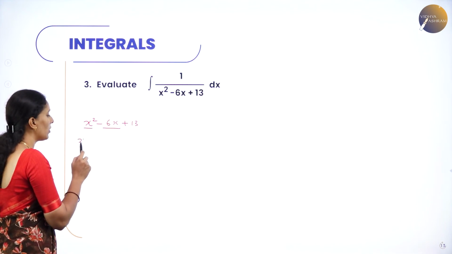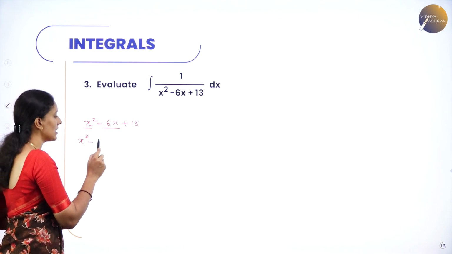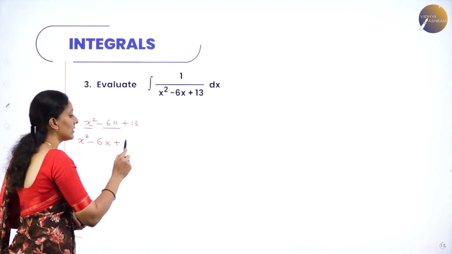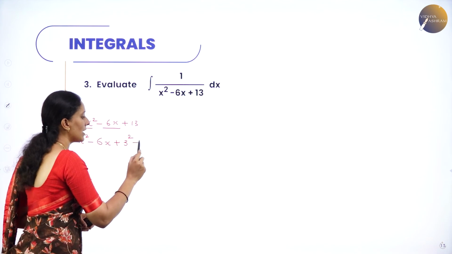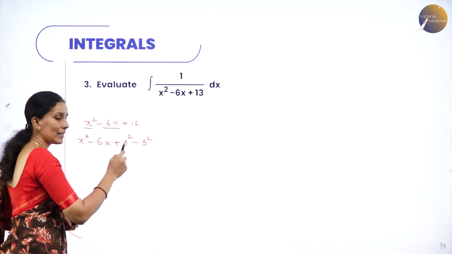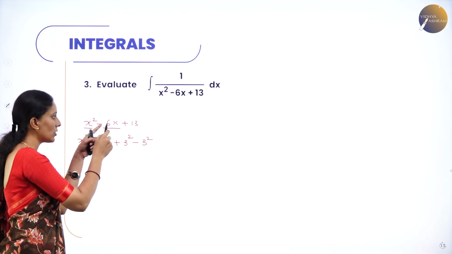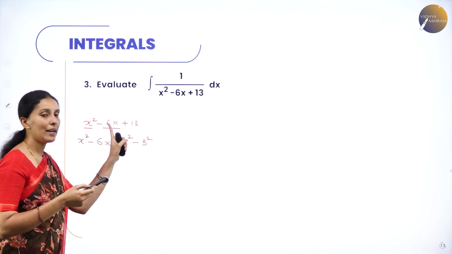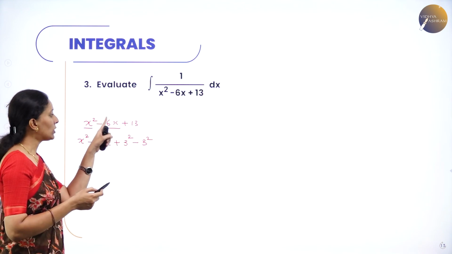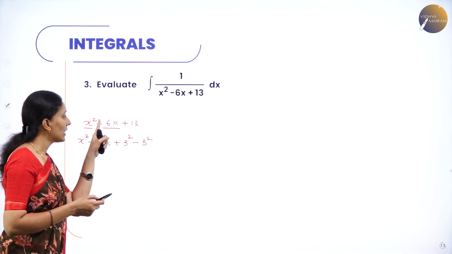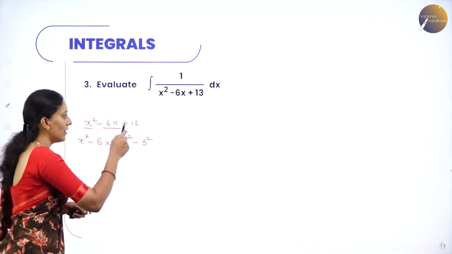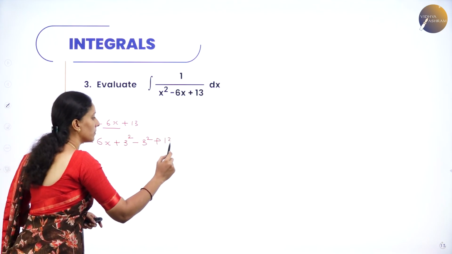So what you will do here: x square minus 6x plus 3 square, you should add and subtract 3 square. Add 3 square, subtract 3 square. Since you have 2 here already, see the factor which you need to add and subtract. 2 3s are 6. That is why 3 square is added and 3 square is subtracted. Now at last you write 13.